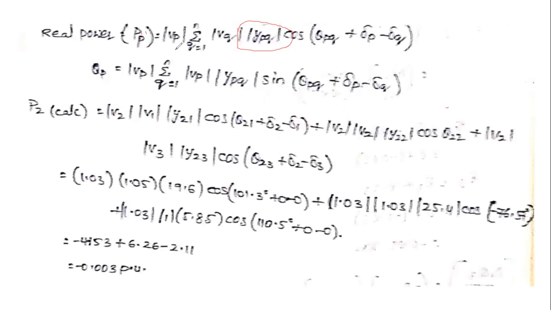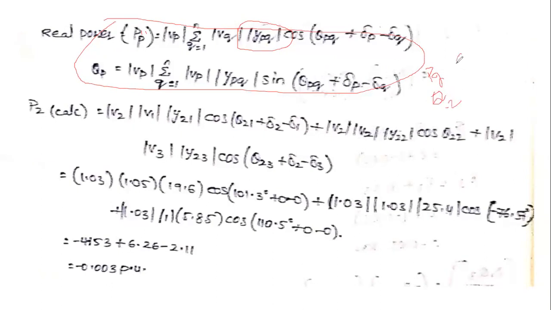PP equal to VP sigma Q equal to 1 to N, delta VQ YPQ cos of theta PQ plus delta P minus delta Q. Next, QP equal to VP sigma Q equal to 1 to N, VP YPQ sine of theta PQ plus delta P minus delta Q. By using these two formulas, we are calculating the P2 calculated value and Q2 calculated value.